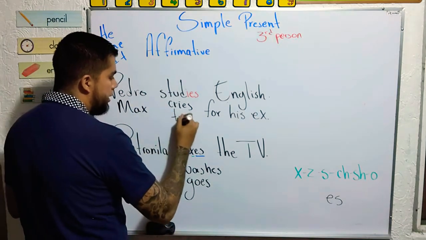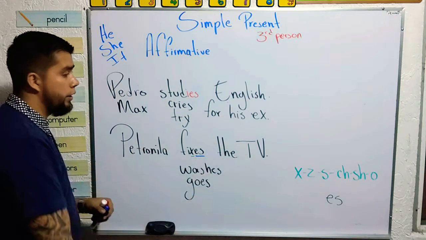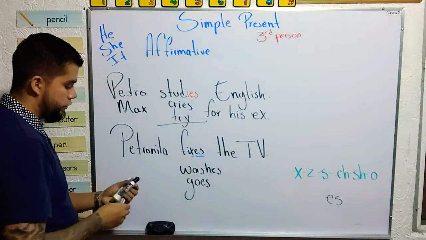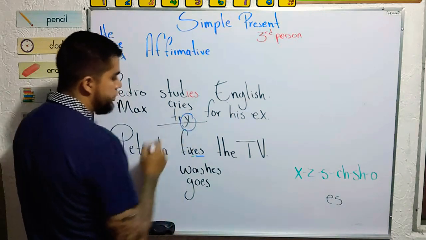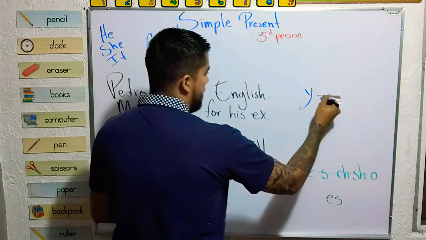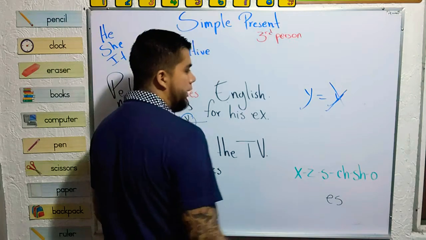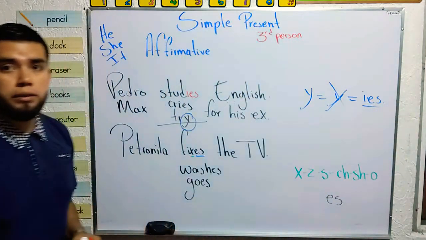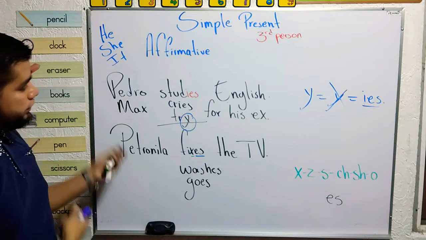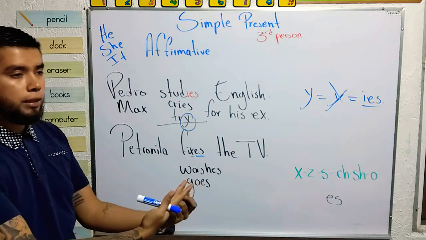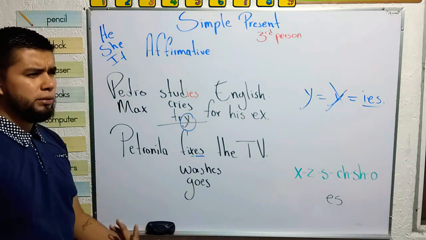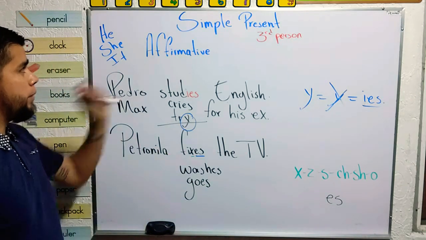We have the verb try and more. So when we have this verb with this termination, remember, we eliminate y and we use ies. So these are some of the extra rules, exceptions, sorry, about simple present.